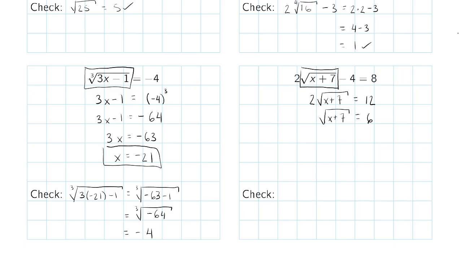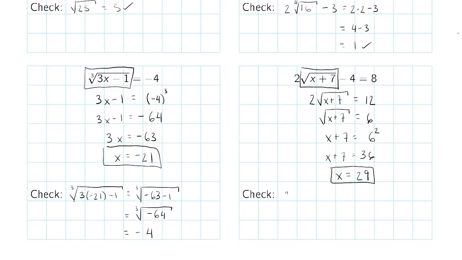Rewriting this in terms of a power function, x plus 7 is going to be 6 to the second power. In other words, x plus 7 is 36. And now to finish solving, we subtract 7 on both sides. X is 29.